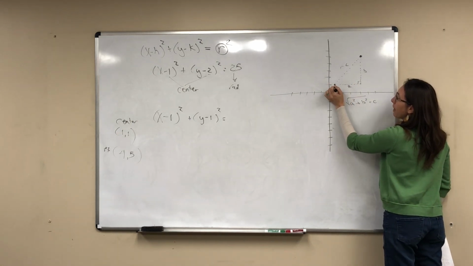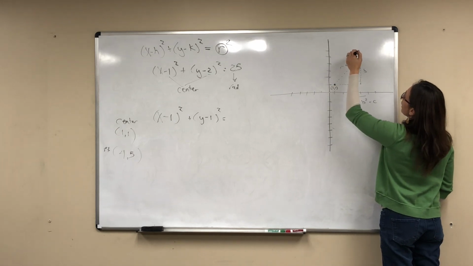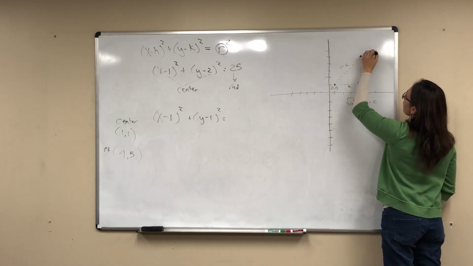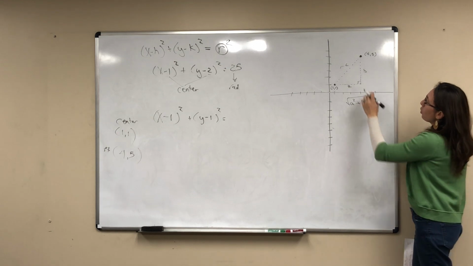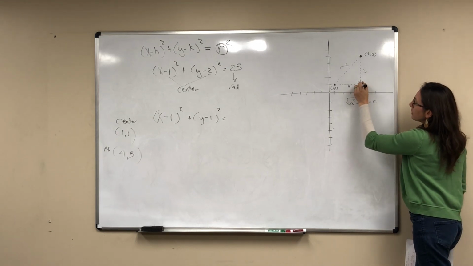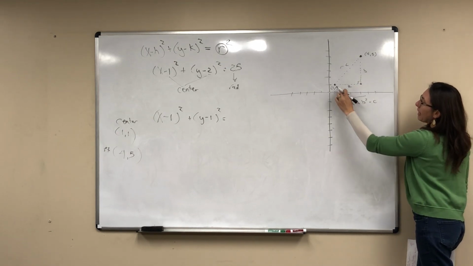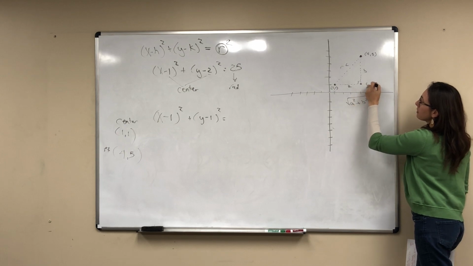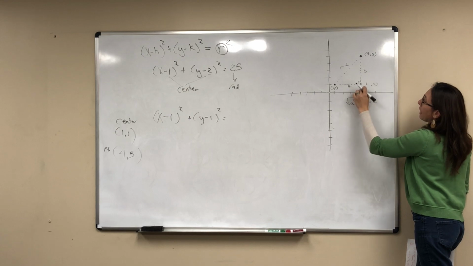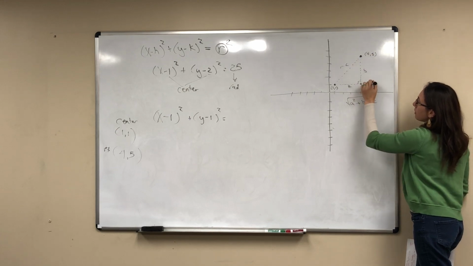Okay, so if I have 1, 1 here, and I have 4, 5 here, what does that mean this point is? It has the same y, correct? So 1, 5. Has the same y, and it has the same x as this one.